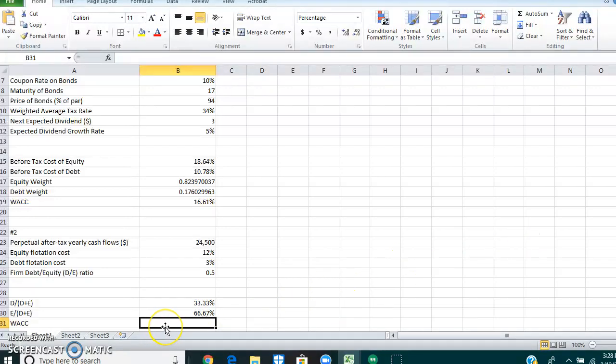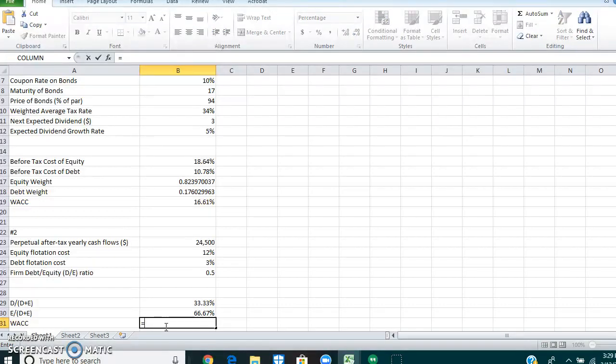So weighted average cost of capital is only slightly more challenging. We take our equity divided by debt and equity times the equity flotation cost plus debt divided by debt and equity times the debt flotation cost. So this is what that looks like. Equal sign.